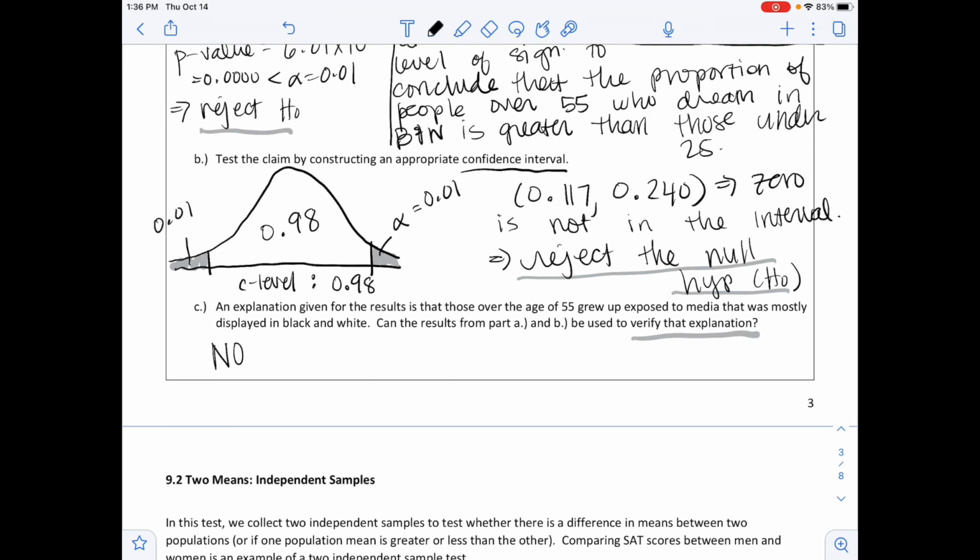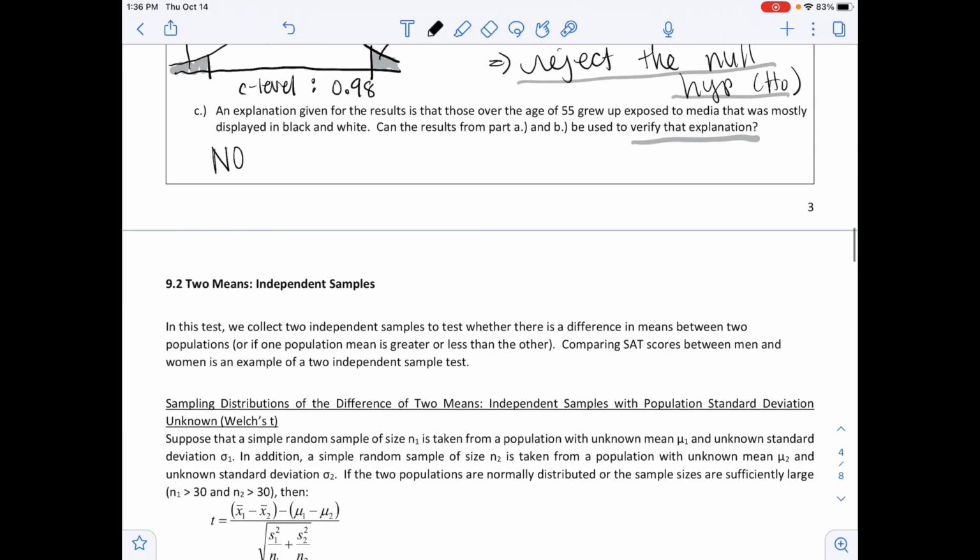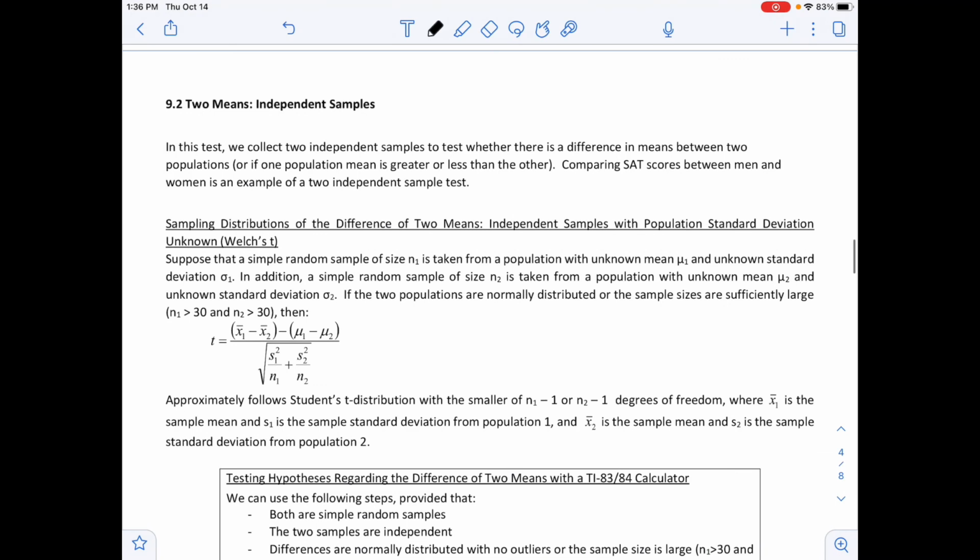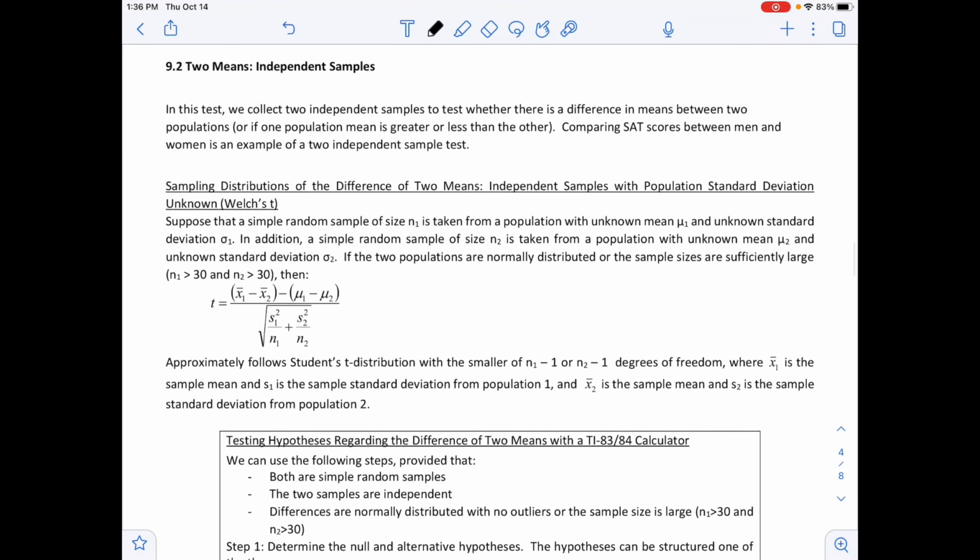Just because this is showing that we're rejecting our null, which is rejecting the fact that those proportions are the same, we can't say it causes anything to happen. We can't say that because they were exposed to media that was mostly in black and white, this caused it to happen. So association does not imply causation. Remember that from earlier this semester.